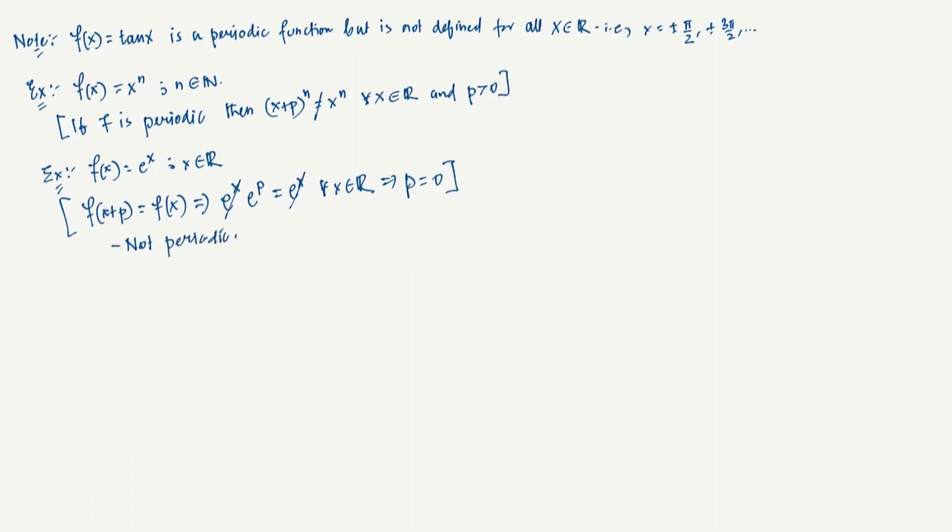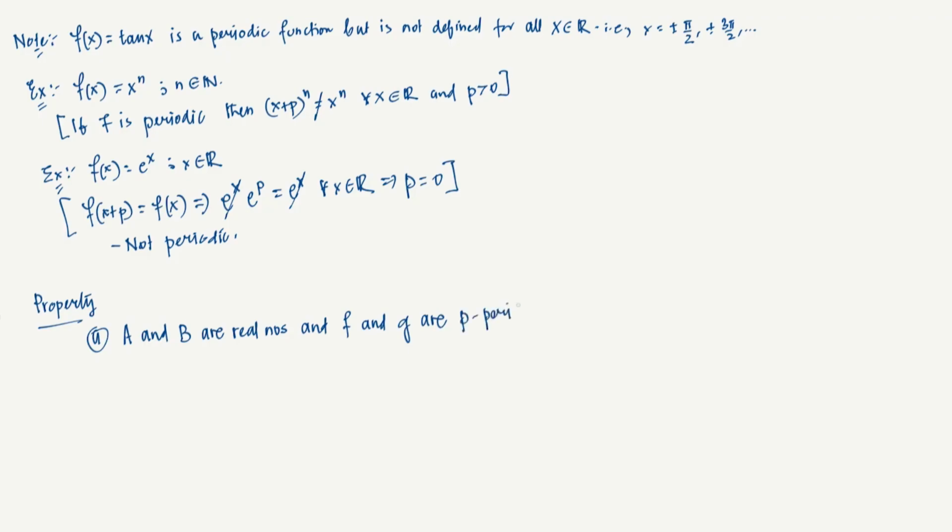Okay, right. So with that taken care of, let's look at some more properties of periodic functions. One property, property A: let's say that a and b are real numbers, and f and g are p-periodic.